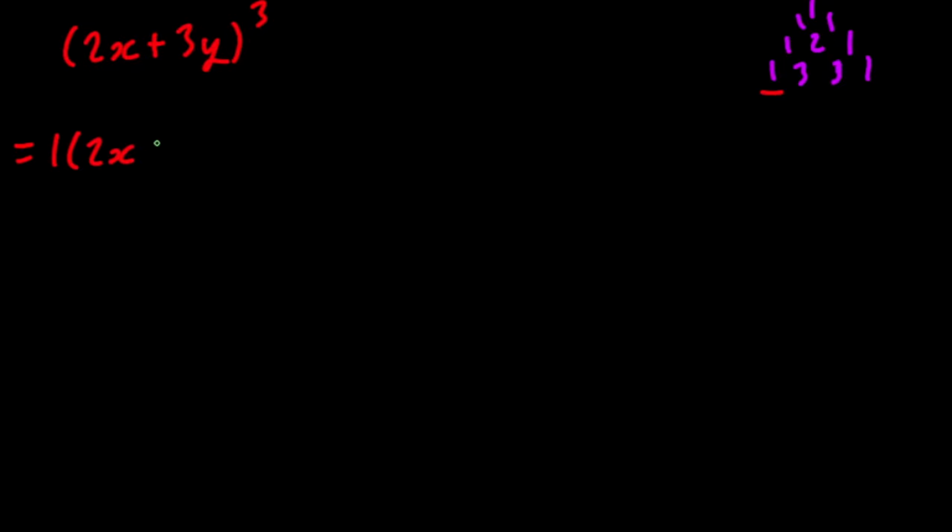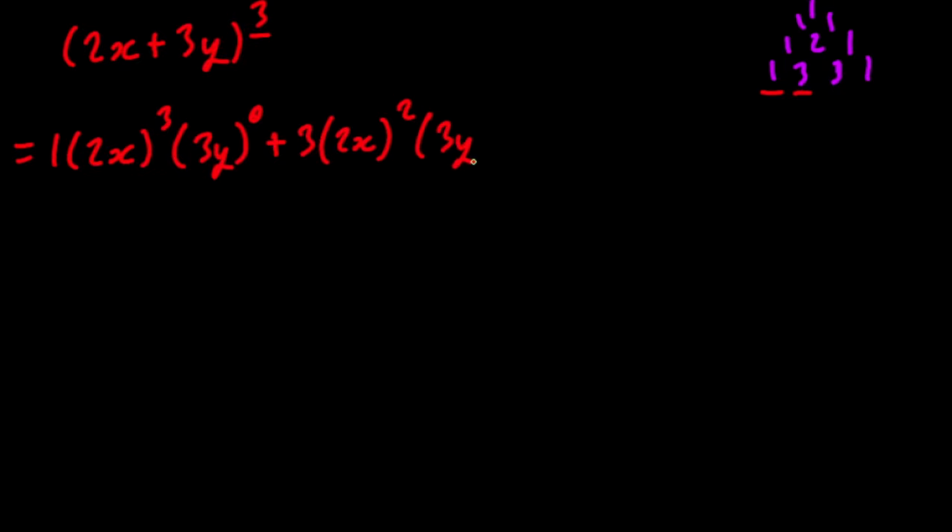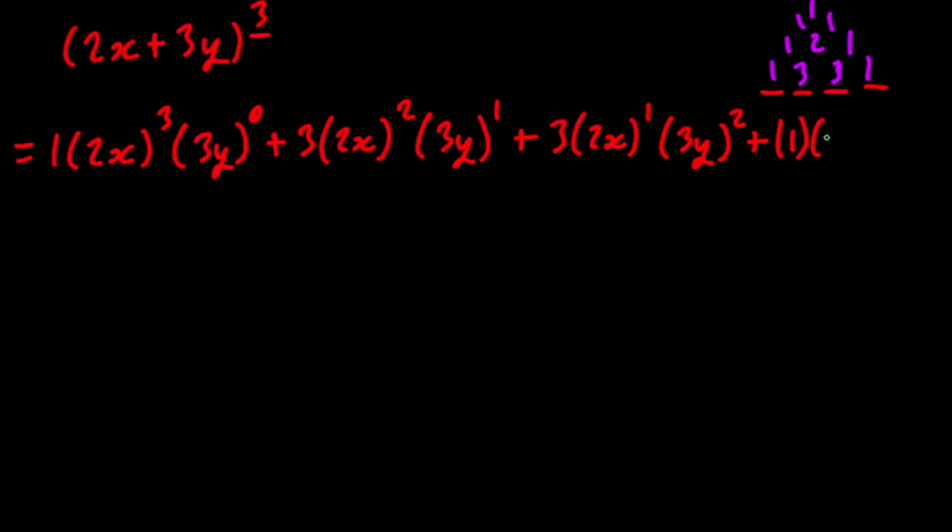So 2x power of 3 into whatever is after the plus sign, which is 3y power of 0, plus second number, which is 3, into 2x power of 3 minus 1, which is 2, into 3y power of 0 plus 1, which is 1, plus second number, which is 3, into 2x power of 2 minus 1, which is 1, into 3y power of 1 plus 1, which is 2, and finally 1 into 2x power of 0 into 3y power of 3.